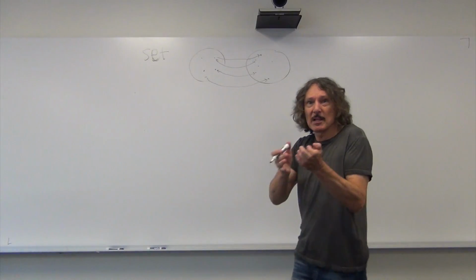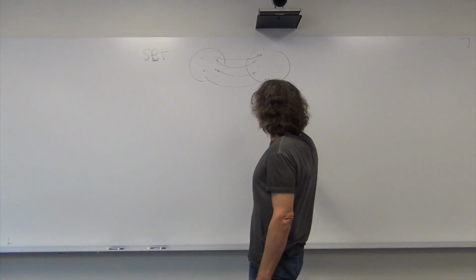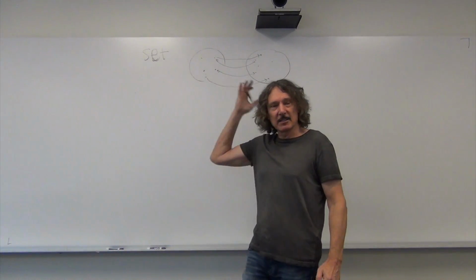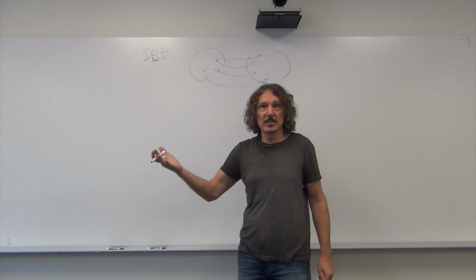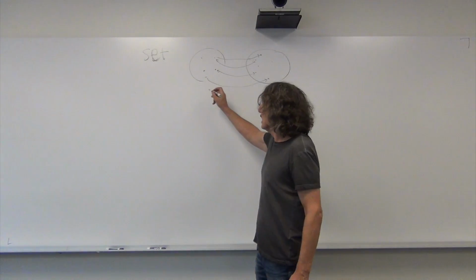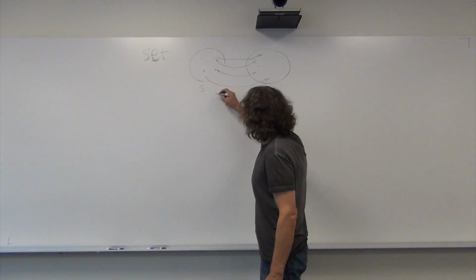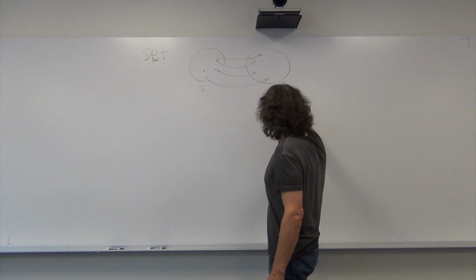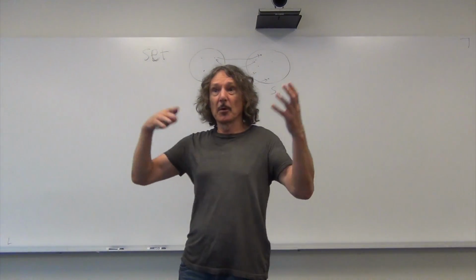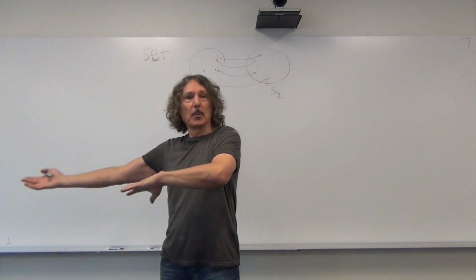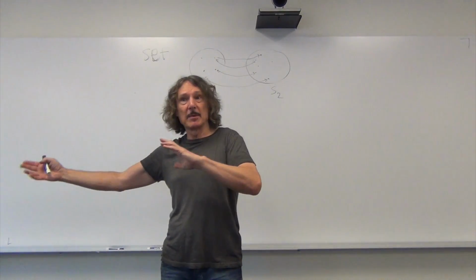So let me define a relation. First of all, what is a set of pairs? A set of pairs in mathematics is called a Cartesian product, right? So we have two sets, S1 and S2, and we can take the Cartesian product. All elements from one set are paired with all possible elements from the other set.